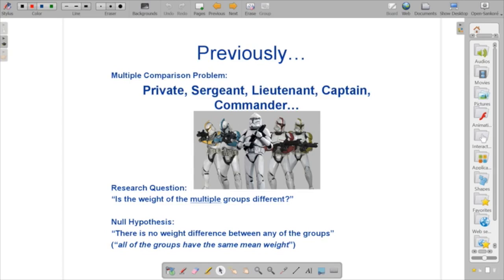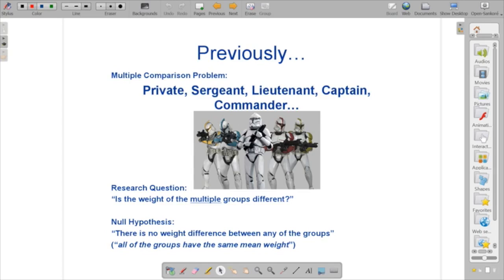And we looked at the weight of Star Wars military personnel, grouped by their rank. And so we set about using some data that we were able to download from the QM Plus site for the course.